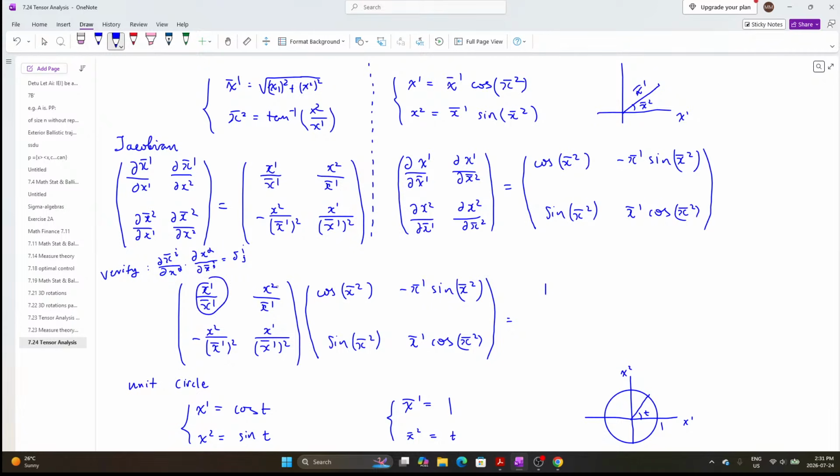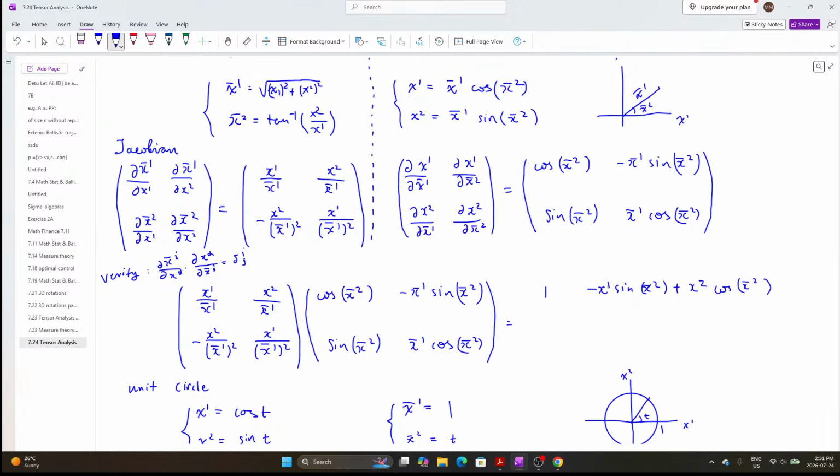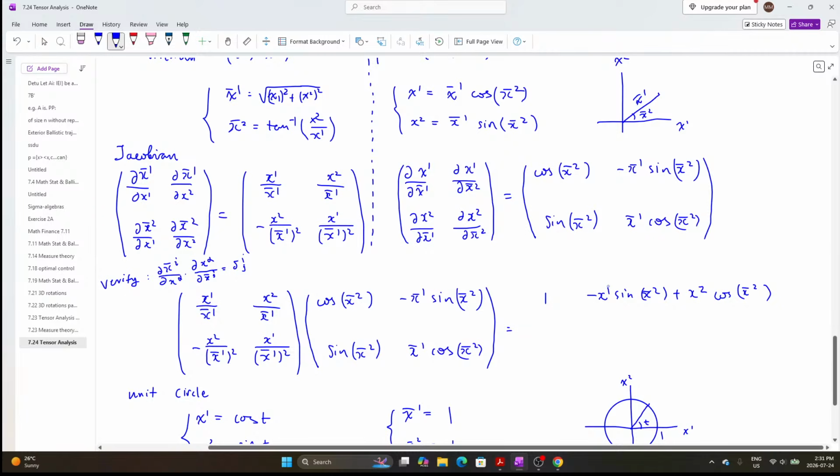So how do you do the second element? That's minus x1 sine of x bar 2 plus x2 times cosine of x bar 2. How does that cancel out? Well, look at the picture.